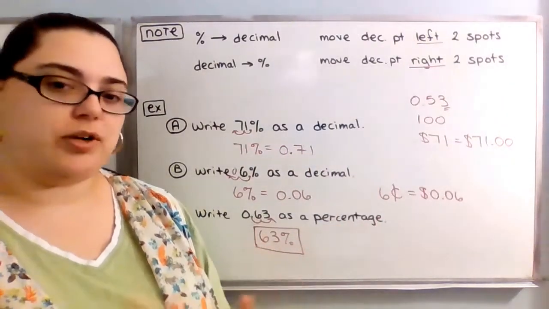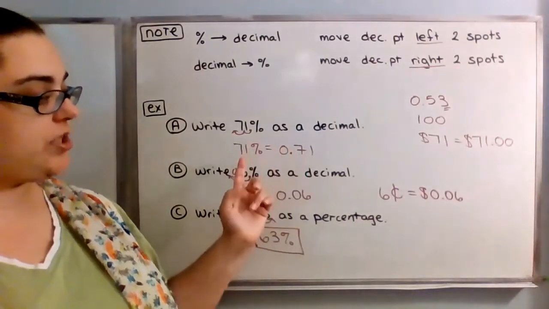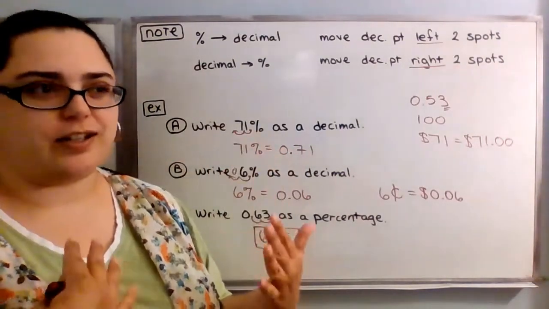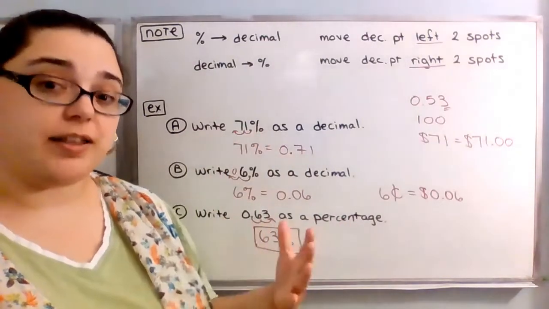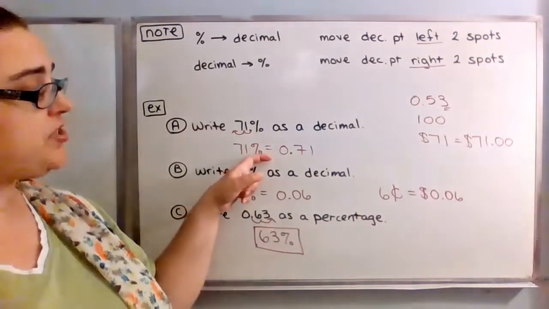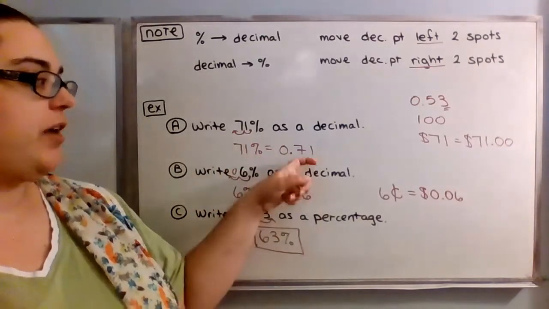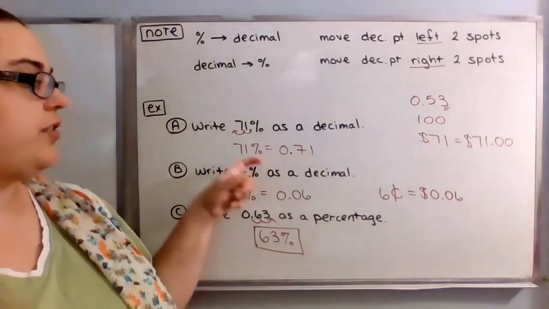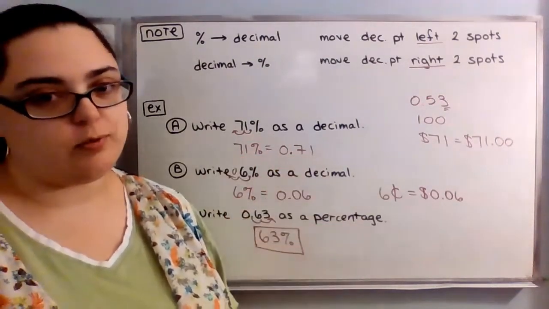That can help you check. But remember, these 2 numbers are actually equal to each other. That check is just a shorthand way of checking things. What you want to make sure of is that the percent sign means hundredths. So 71% is the same as 0.71, even though the percentage number, 71, looks bigger than 0.71.